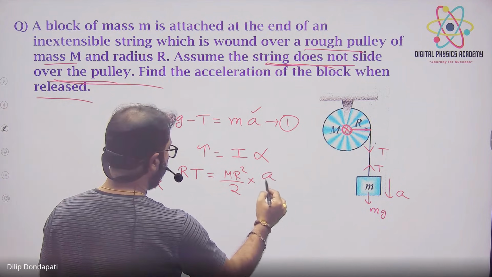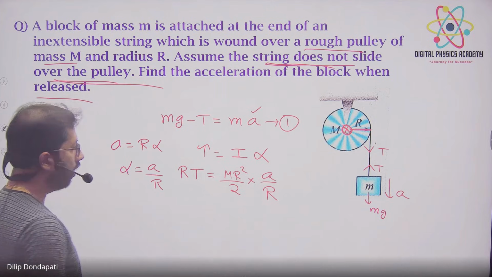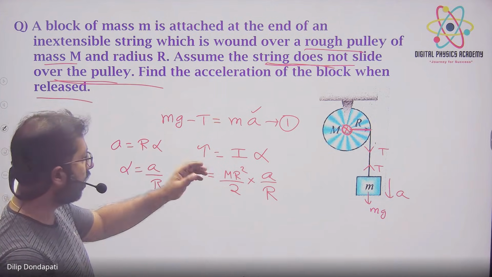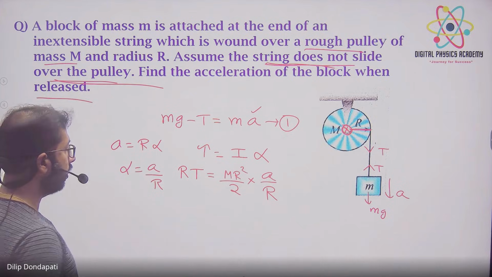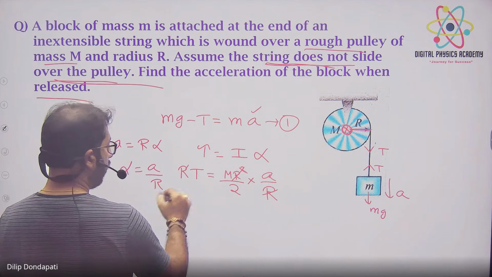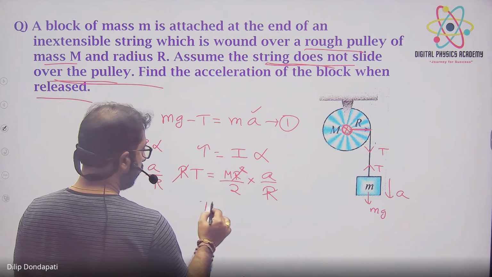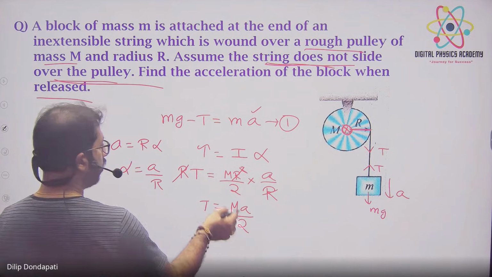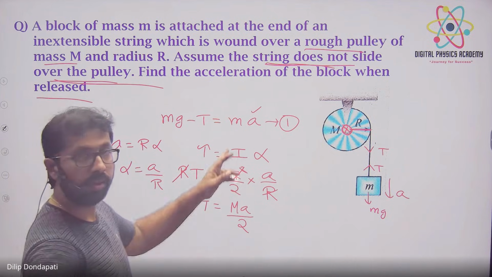Substitute A by R. Okay. Now these two equations को solve करो. A वाला equation, and we'll get the value of A. So T is equal to M A by 2. So substitute here, T equal to M A by 2, and get the answer.